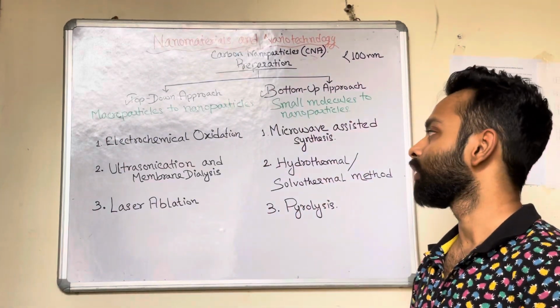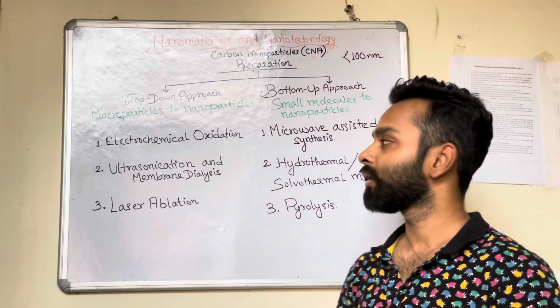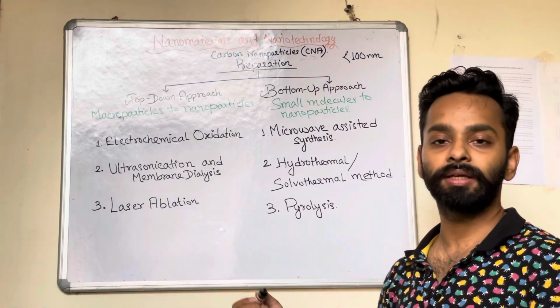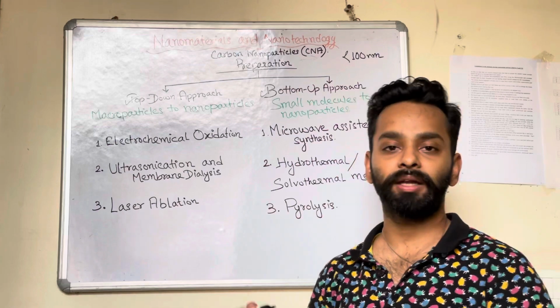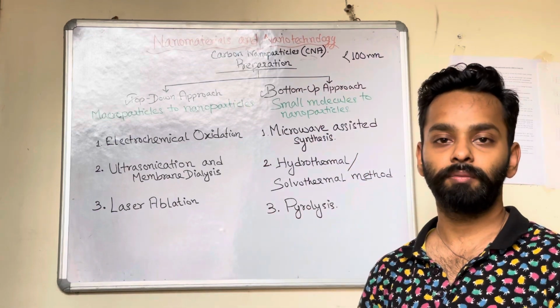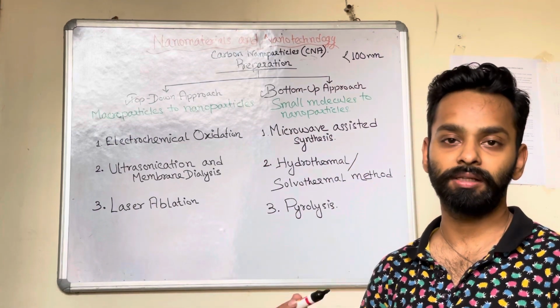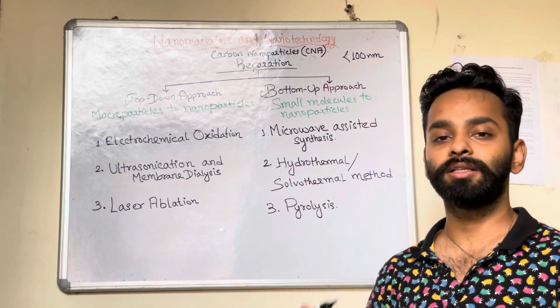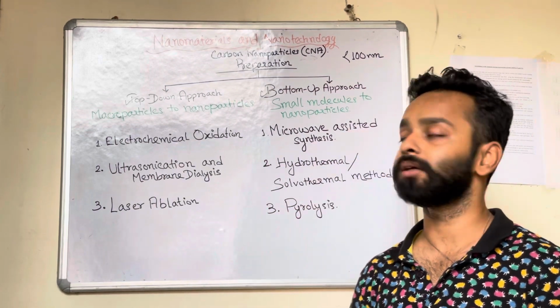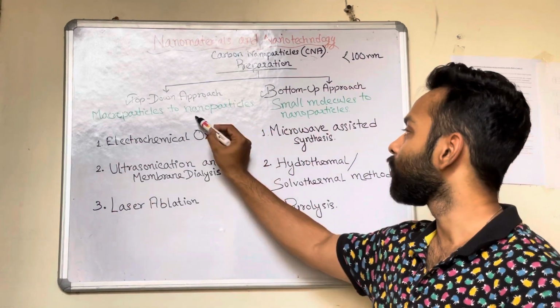The top-down approach essentially implies the synthesis of nanoparticles starting from macroparticles. That is, larger sized molecules or larger sized particles will be broken down using a suitable energy source or a particular method to give rise to nanoparticles.